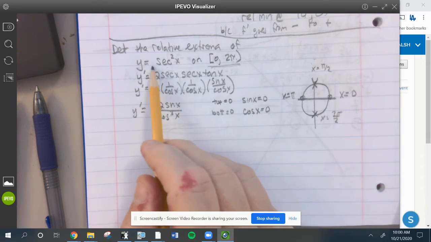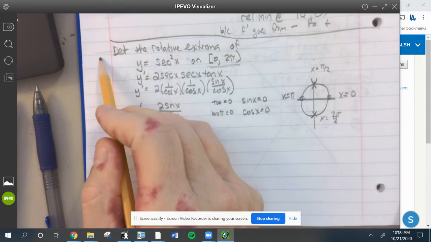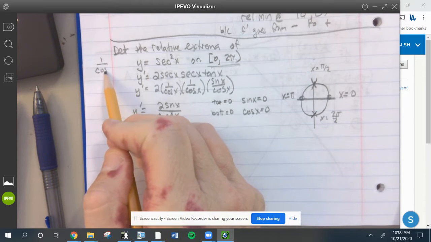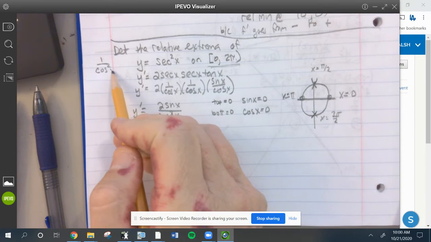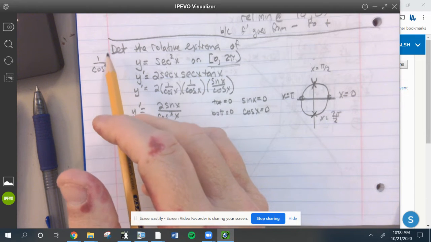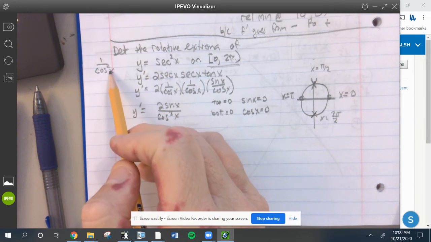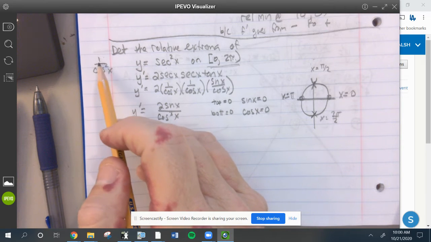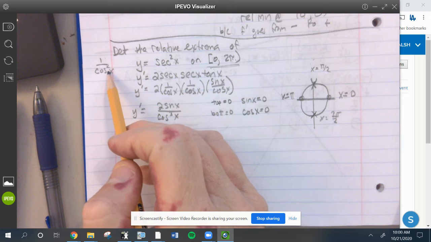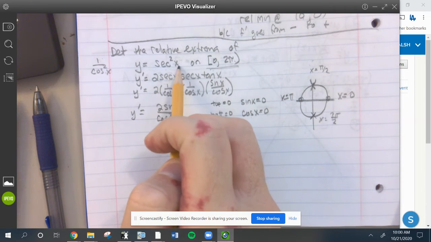Now, look at the original function. Secant squared is 1 over cosine squared. The rules to find vertical asymptotes: if the bottom is 0 and the top isn't, and the top is never 0, those are vertical asymptotes. So anywhere the cosine is 0, those are vertical asymptotes.